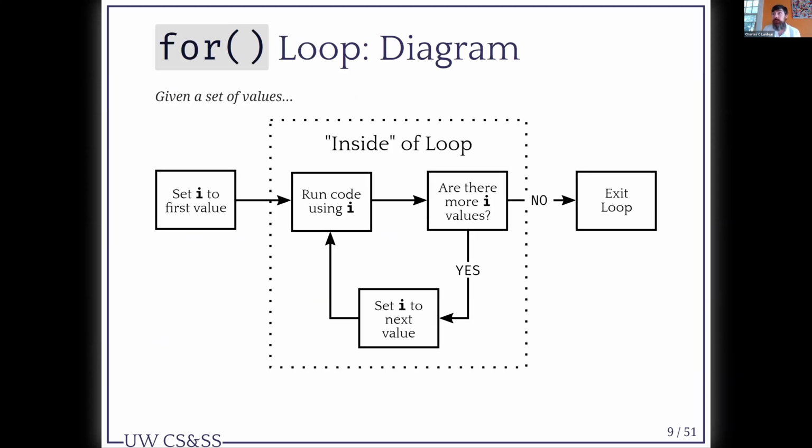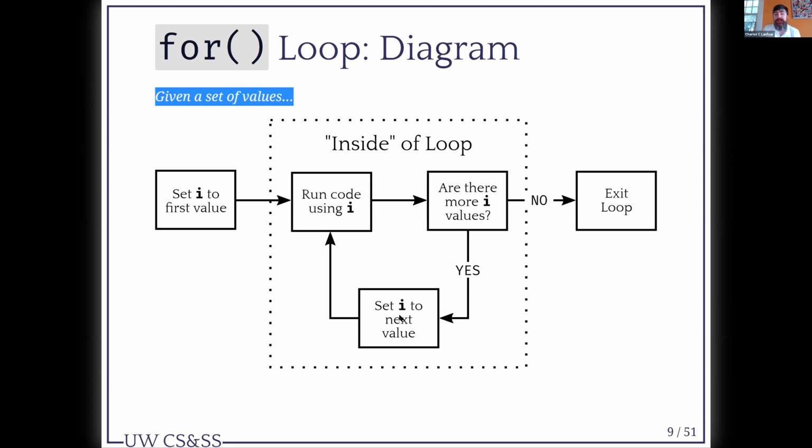Visually, a loop looks something like this, okay? Given some set of values, we will set the variable, I'm going to say here, I. We're going to set I to the first value of this set of values. Then we enter this loop. In the loop, we will run code using I. Maybe our loop is something as simple as print the value of I. Then, once it's done doing that, it will check and see if there are more values of I. If we haven't run through all of them, we're going to say, yep, there are more values.